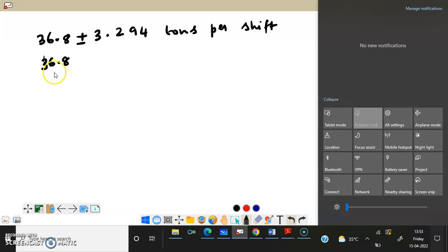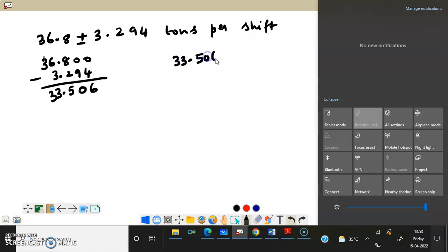Therefore, it will be 36.8 minus 3.294, which gives 33.506, the range.